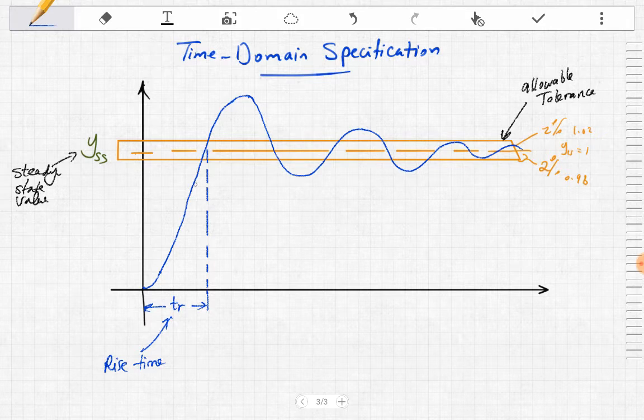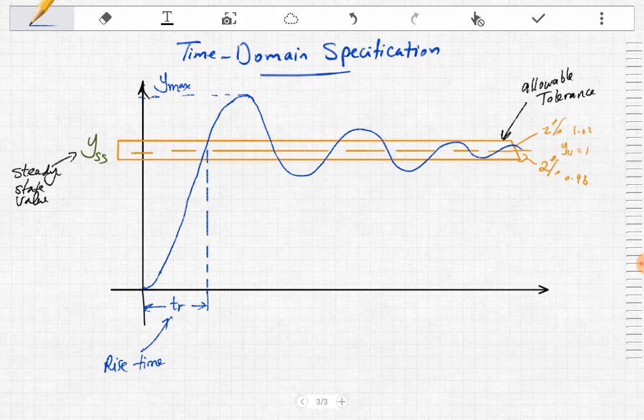Now, you look here in this response, the output reached the maximum value here. That's the maximum value. Let's call it Y max. It's also bigger than the steady state in this second peak, but this is the biggest one. So we call it the maximum. And that's a very important parameter.